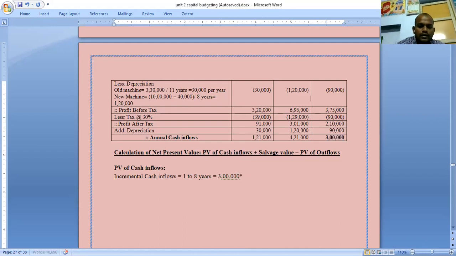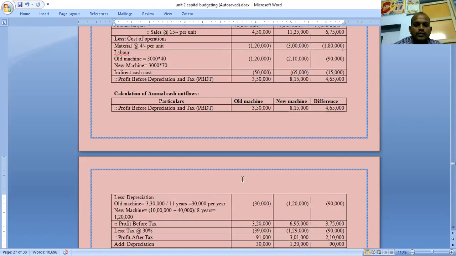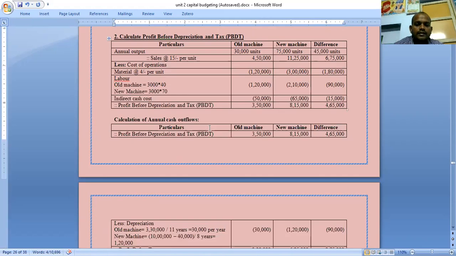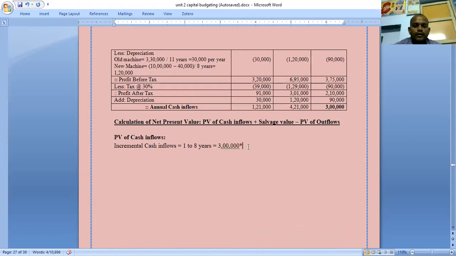We have to convert this into present value by using the present value factor. The present value of annuity factor for 8 years is 4.968.